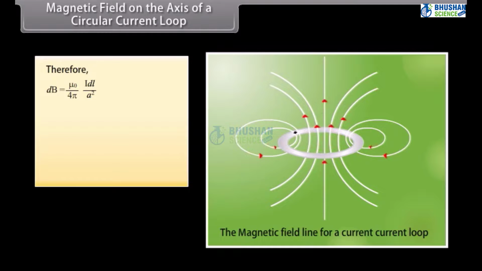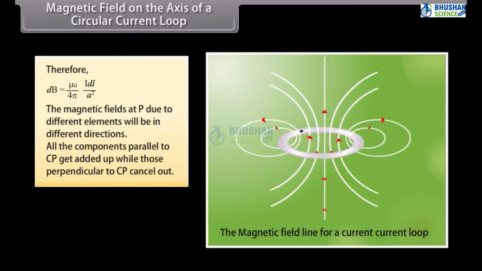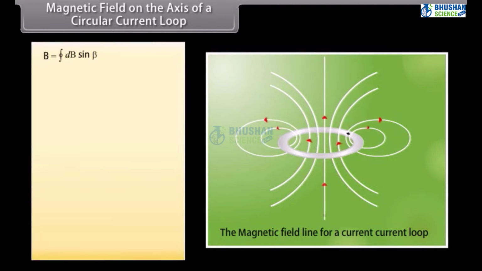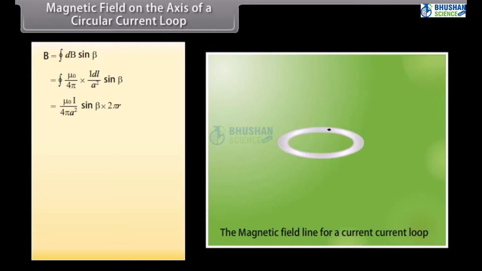The magnetic fields at P due to different elements will be in different directions. All the components parallel to CP get added up, while those perpendicular to CP cancel out. Now the total magnetic field at P due to the whole of the current loop is given by the closed integral of dB sine beta. By putting the values in this equation, we get the total magnetic field at P equal to mu naught I upon 4 pi a square multiplied by sine beta and 2 pi r.